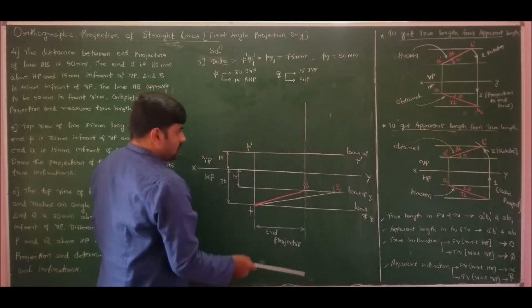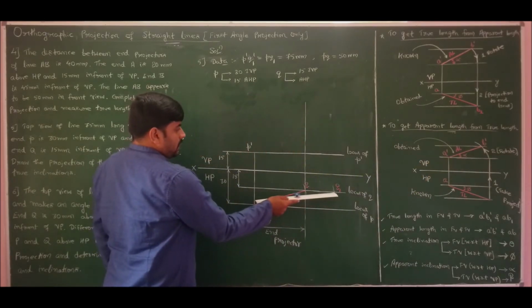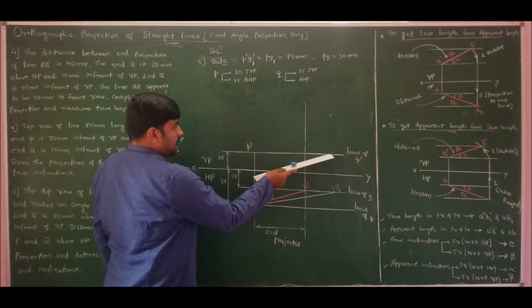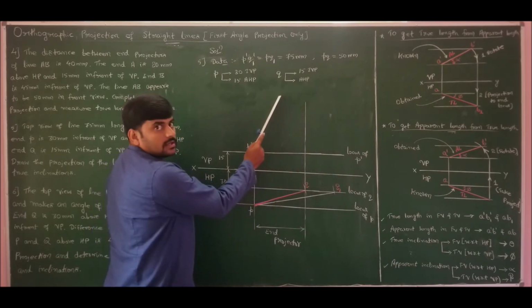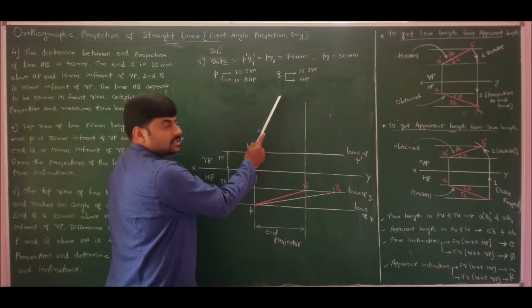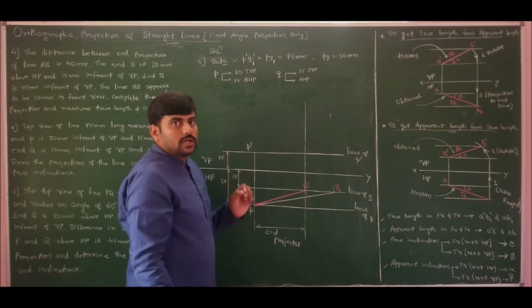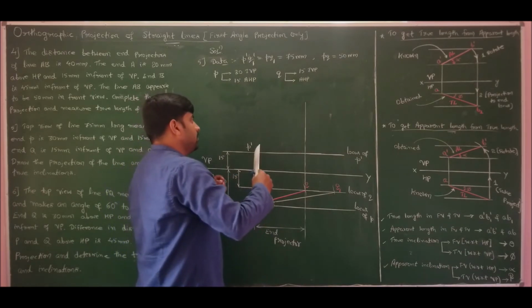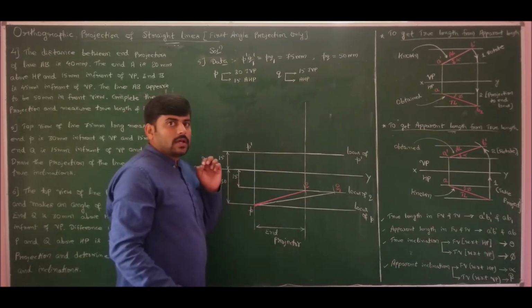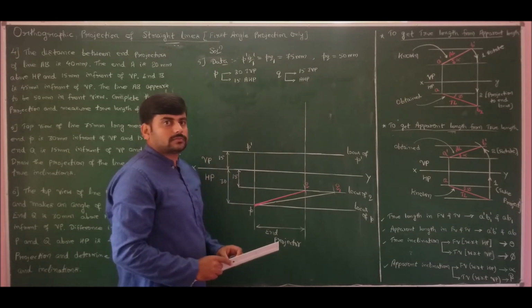So from Q1 I should drop a perpendicular to P dash and then rotate to intersect this end projector. This will intersect the end projector somewhere here, which is nothing but point Q dash. So joining P dash Q dash I will get the apparent length in front view.